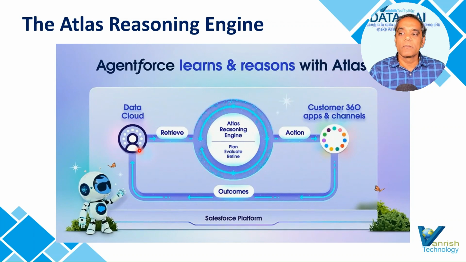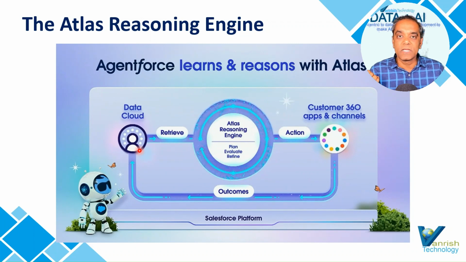The second key function is memory and context awareness. What is context and memory awareness? It assesses and uses historical customer data. Basically it uses real-time context, historical prior interactions, and real-time Salesforce Data Cloud information, which comes directly from Salesforce Data Cloud.